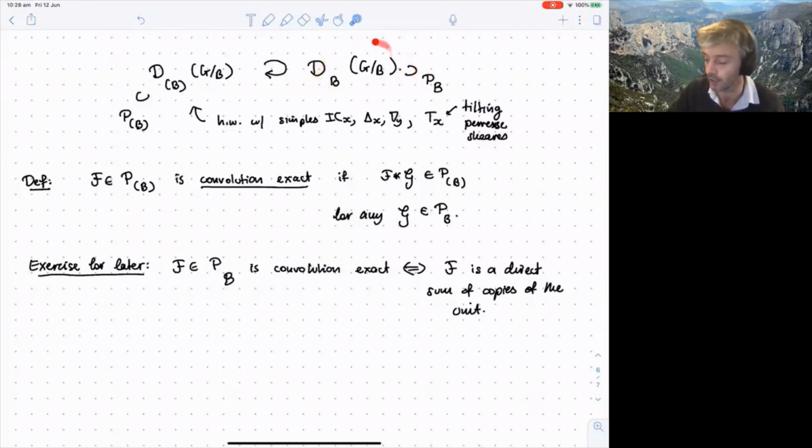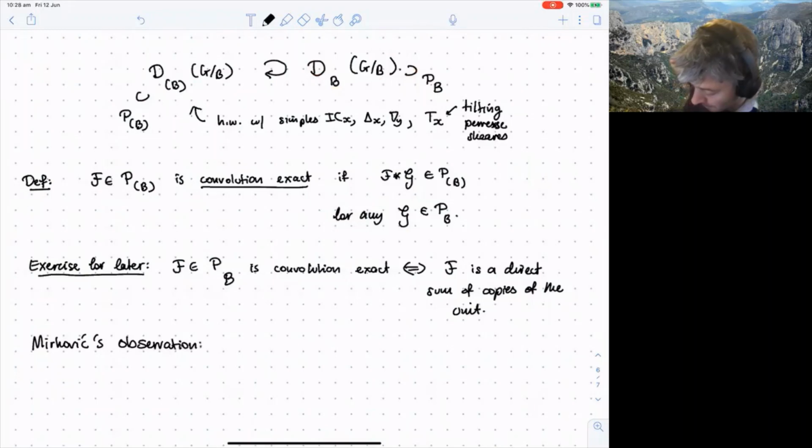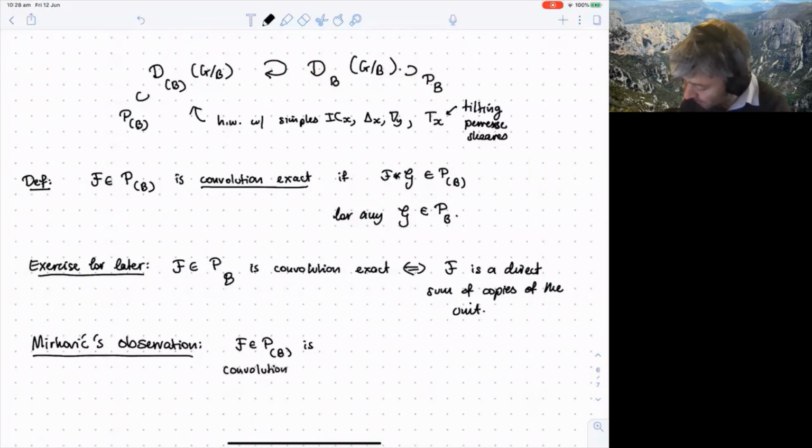But we have the following observation of Mirković. It's very beautiful. It says that F inside P_B is convolution exact if and only if F is, does anyone want to guess the answer?